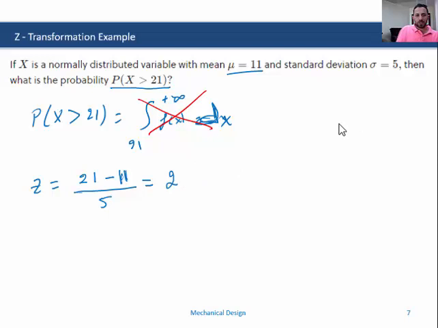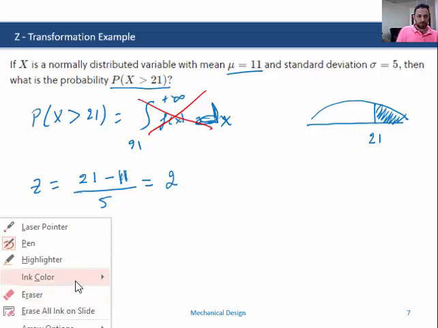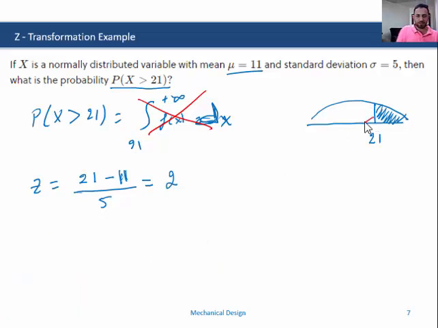And we notice that if we want the value for x greater than 21, the table only provides the area for x less than 21, from minus infinity to 21. So this can be obtained from the table.